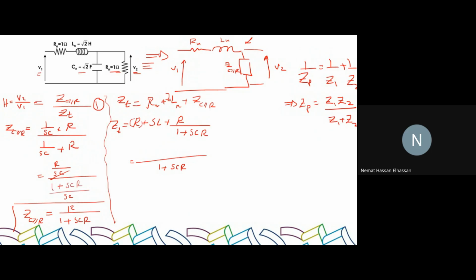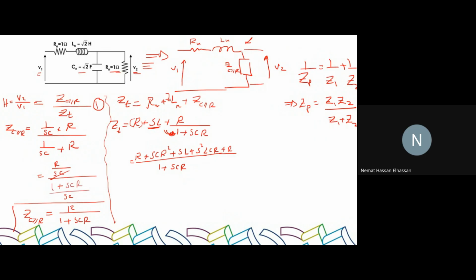We'll take this R, multiply it here, right? R times 1 is R. R times SCR is SCR squared, right? Plus, then I'll take SL and multiply it here again. SL times 1 is SL. SL times SCR is S squared LCR, right? Finally, plus R. So far we good?